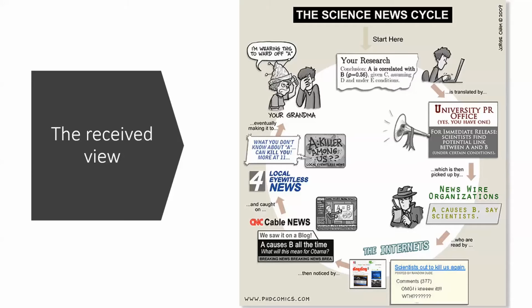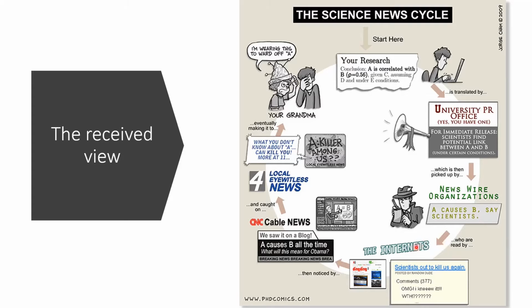The first one is illustrated here in a cartoon which comes from the website phdcomics.com, and basically it illustrates how science circulates in society from the lab or the place of production, through to the press office at the university, which produces a press release, which is then picked up by a news organization, which diffuses the news through different channels, including the internet.